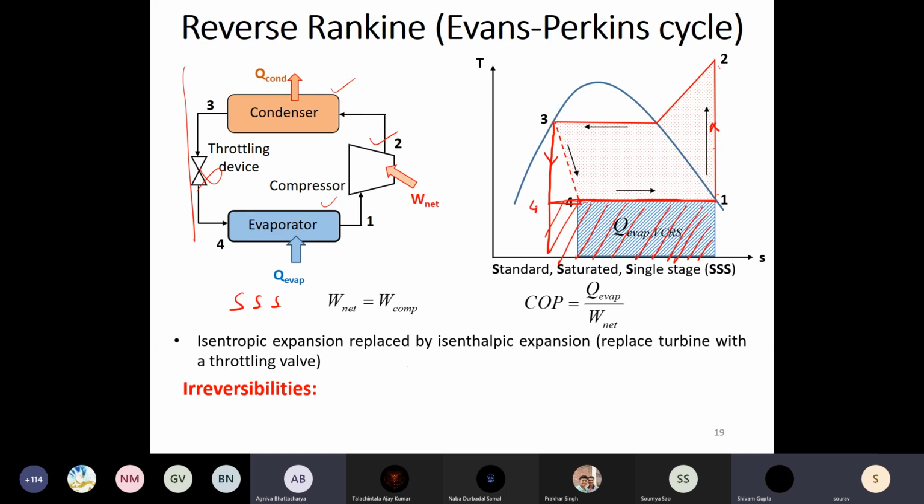Let's consider this as 4 prime. You had an isentropic expansion. This was the process. So how can I simply conclude that from 4 prime to 1, the amount of heat absorbed in the evaporator is simply the area under this curve? How can I simply conclude that?